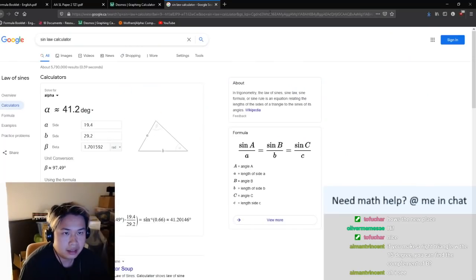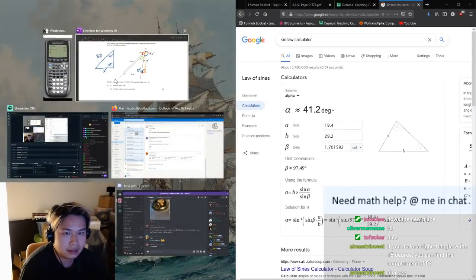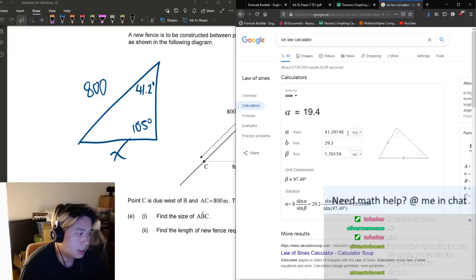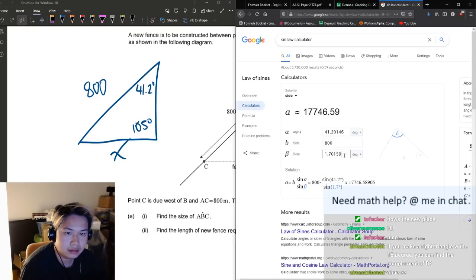So put that all into a sine law calculator, and I'm gonna cheat because, whatever, you guys can do sine law on your own. Okay, angle alpha is 41.2, nice. Now, the other side is going to be 800, and the angle is 105.